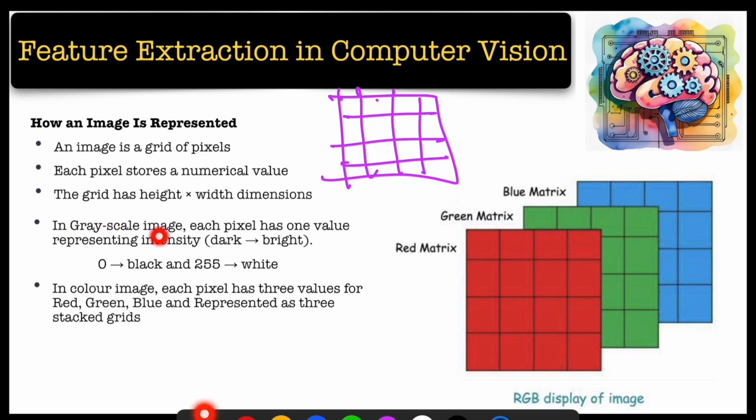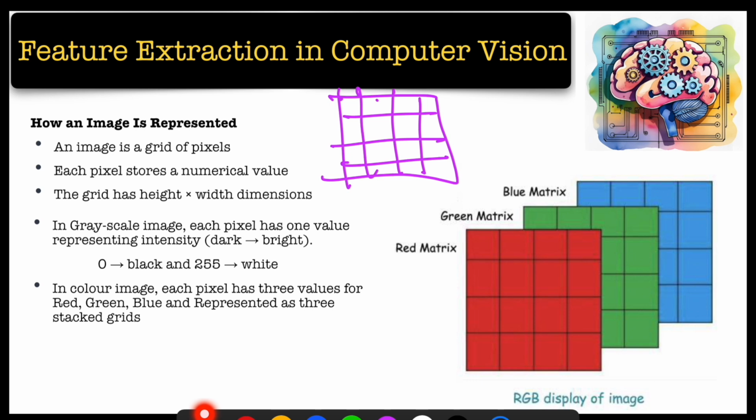In a grayscale image, each pixel has one value representing the intensity from darker to brighter. 0 means black, 255 means white. From 0 to 255 we get different shades of gray.